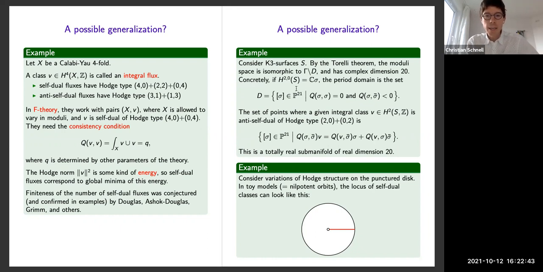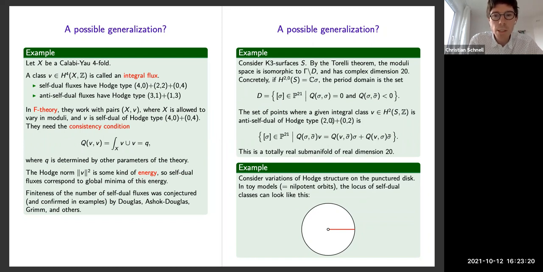Okay, and then I can take a fixed integral class on my reference K3 surface here, and then I look at the set of points in D where this particular cohomology class is anti-self-dual of type 2,0 and 0,2. It's not exactly self-dual, it's anti-self-dual, but this is a typical kind of locus like that, right? So what does it mean for it to be anti-self-dual of this type? It just means that when you look at the Hodge decomposition, you only have a component of type 2,0 and of 0,2.